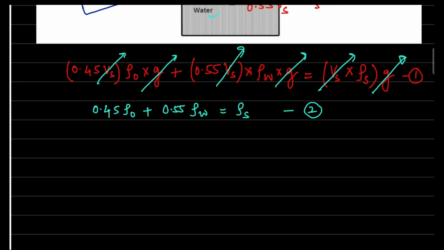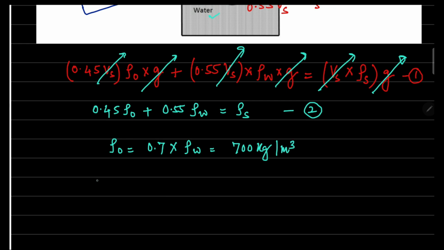Now the specific density of the oil is given to us. So rho of oil is equal to 0.7 times rho of W, so that will be 700 kilogram per meter cube.